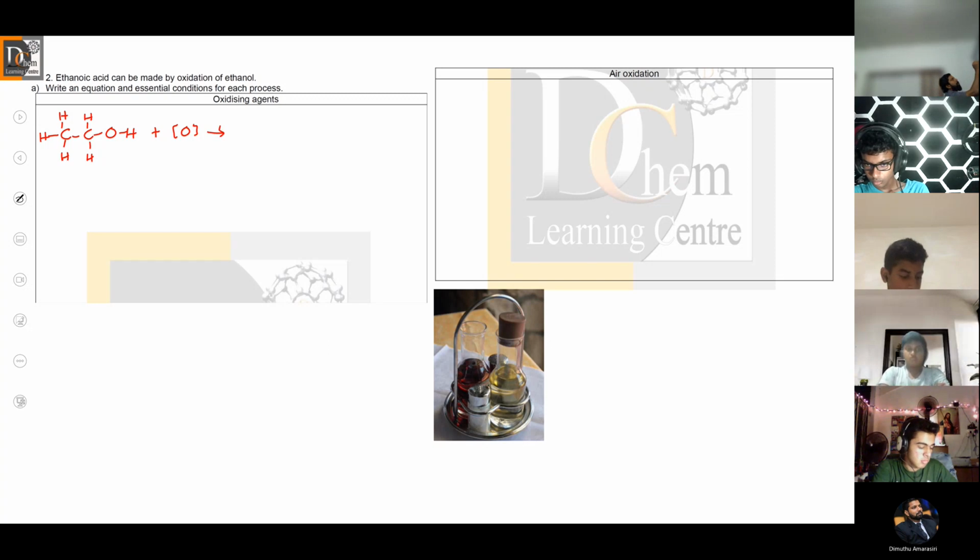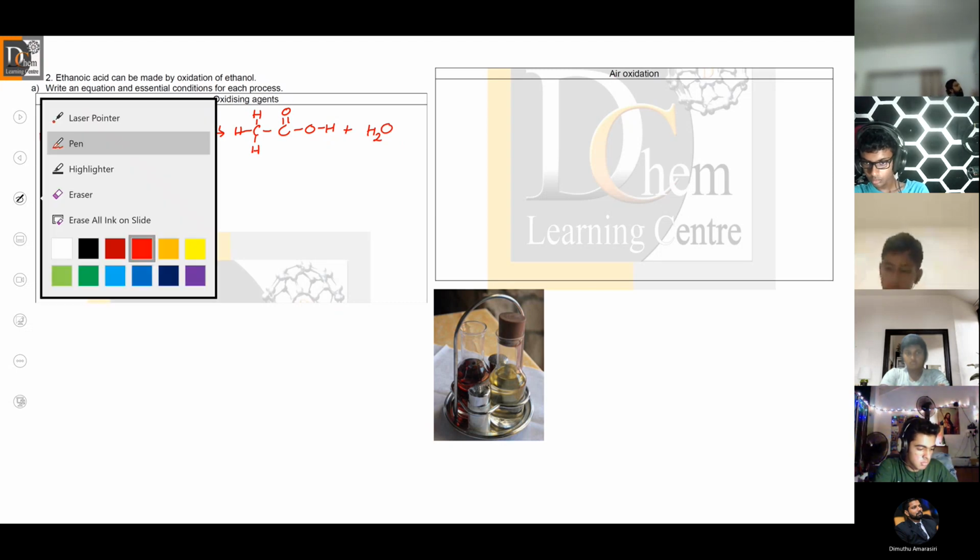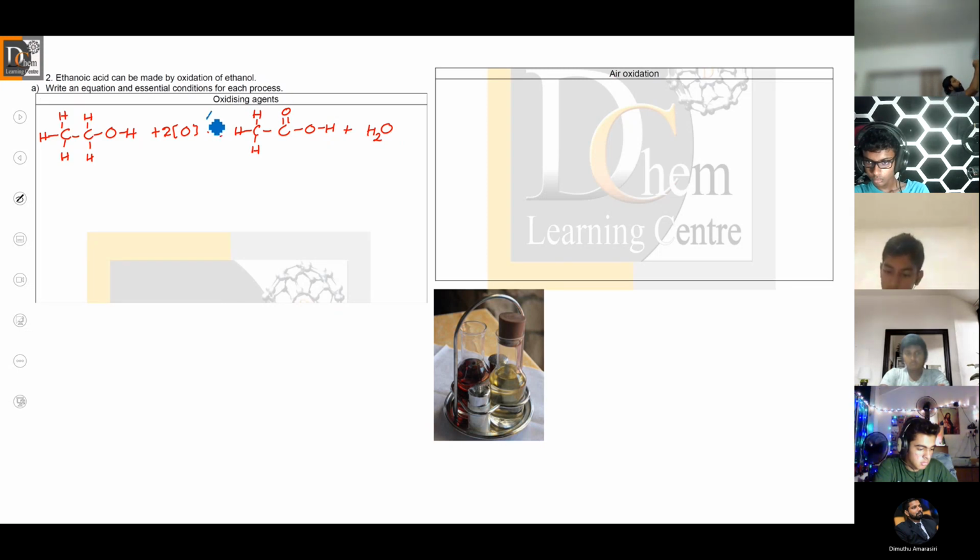And ethanol turns into ethanoic acid like this. This balancing is not very important, but you need 2 oxygen here to get 1 water molecule and ethanoic acid. So in order to do this, you need to put in an oxidizing agent.